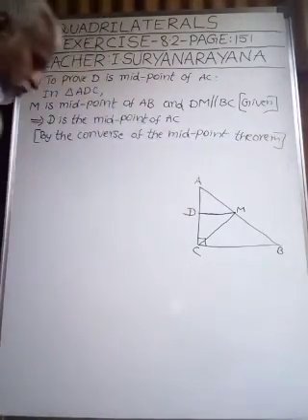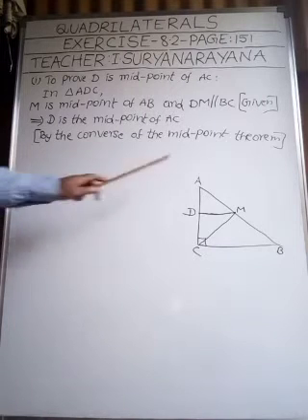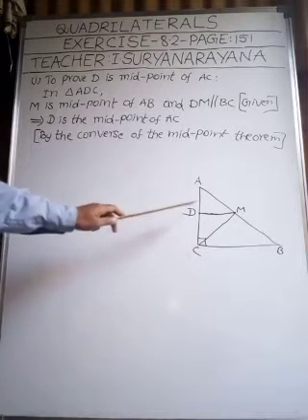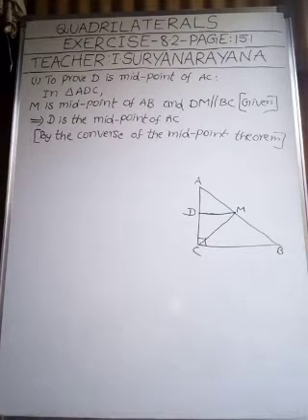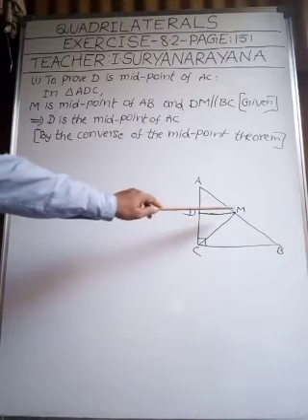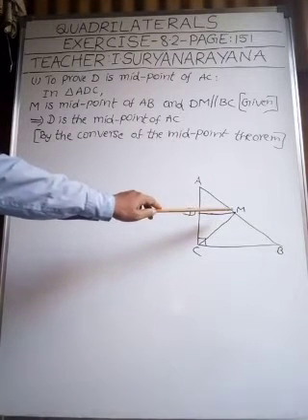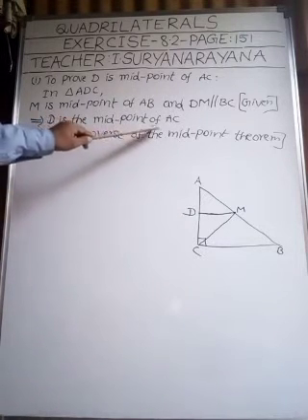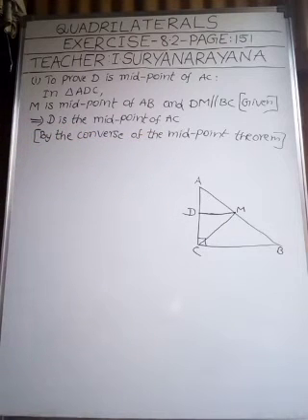The converse of the midpoint theorem states: if a line is drawn parallel to one side through the midpoint of another side, then it bisects the third side. So D is a midpoint of AC. That is proved. The first part of the question is over.